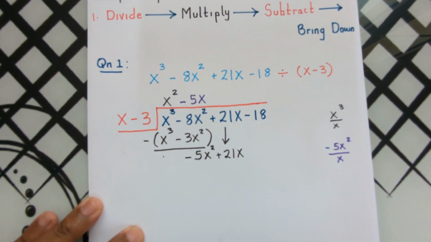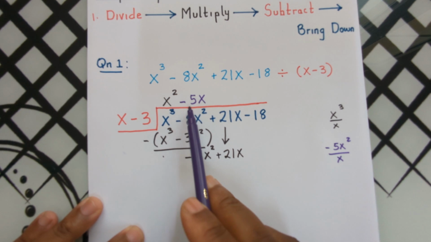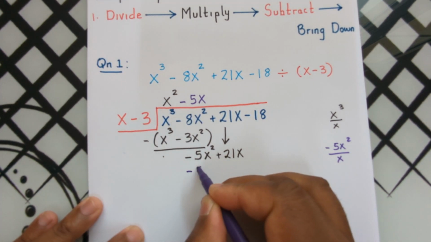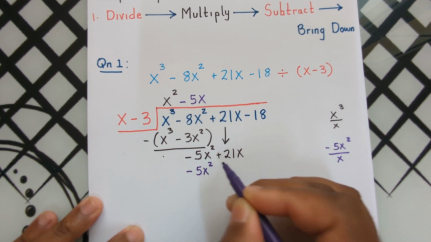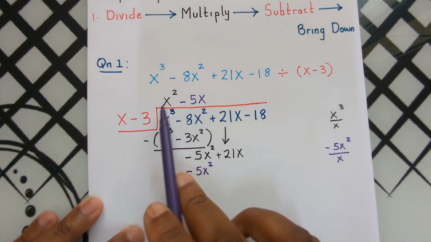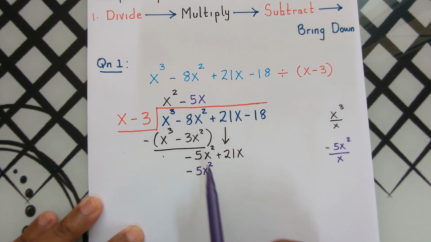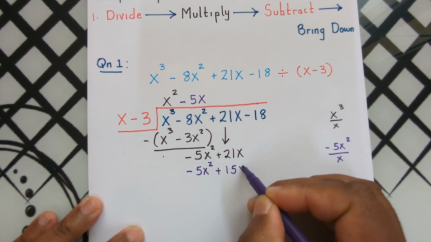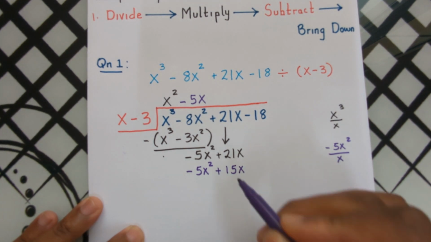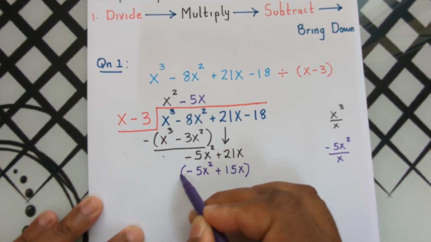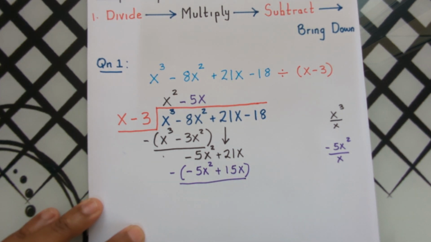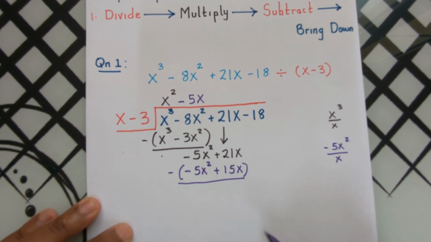Now we go to the multiplication step, where we multiply negative 5x multiplied by x to get negative 5x to the power 2. Negative 5x multiplied by negative 3 will change into a positive 15x. And then we subtract. So put our brackets and put the subtraction sign outside of our brackets.